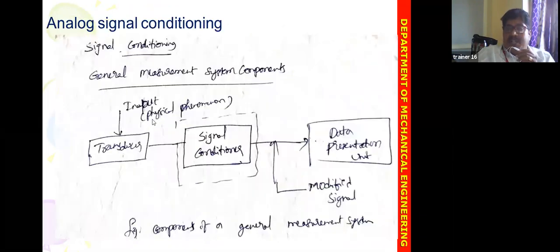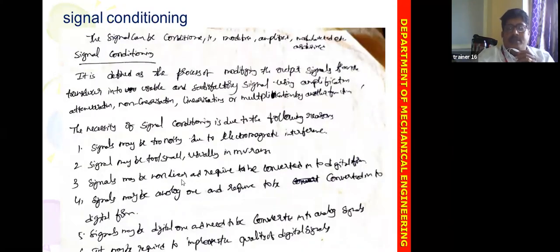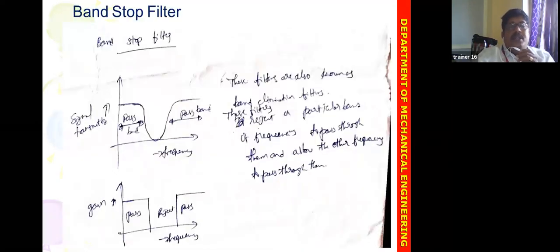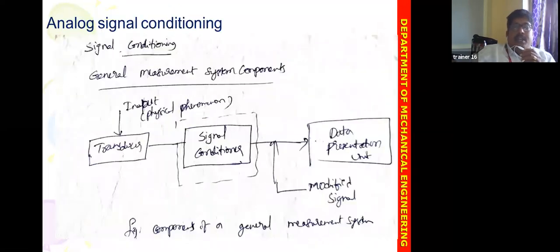And see here, for analog signal conditioning, the signal conditioning is added here. The input comes from the sensor, detector, and transducer stage.